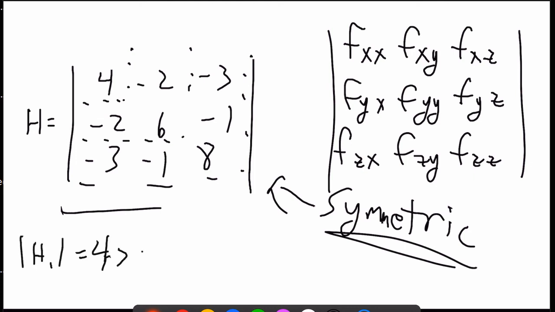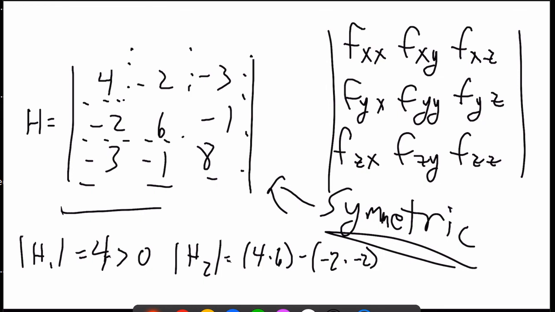That's greater than 0. H2 is going to be 4 times 6 minus 2 times minus 2 is 20, right? 24 minus 4 is 20. That's greater than 0. So far, all is well.